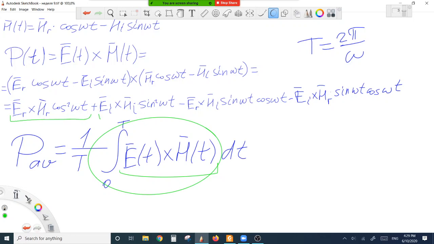This is the first, this will be inside the second, the third, and the last will be inside the last integral.